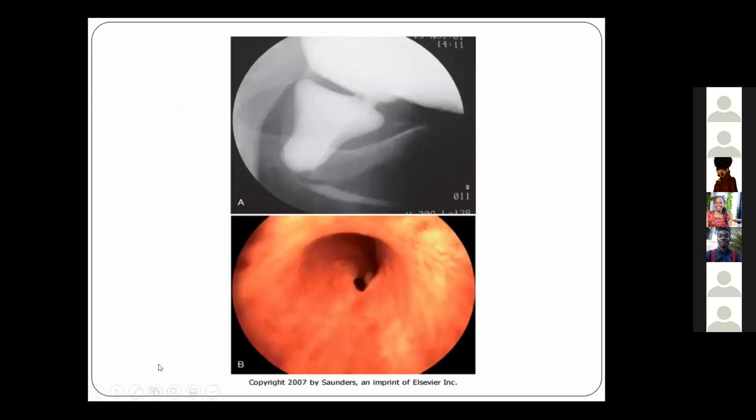So this diagram, let me just pick my point. Of course, it's not a complete one, but it is just meant to show you that this is the bladder.